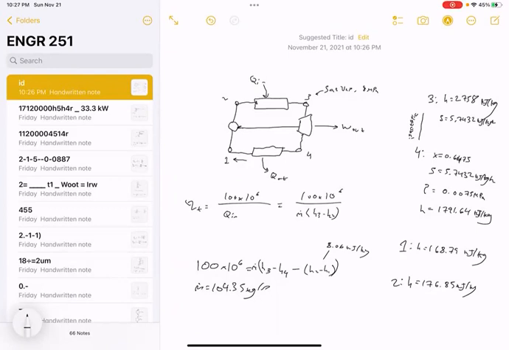If we do 100 times 10 to the 6 over m dot, which we found is 104.35, times H3 minus H2, which is 2758 minus 176.85, I'm getting 371, which doesn't make sense. I forgot the orders of magnitude there. Excuse me.